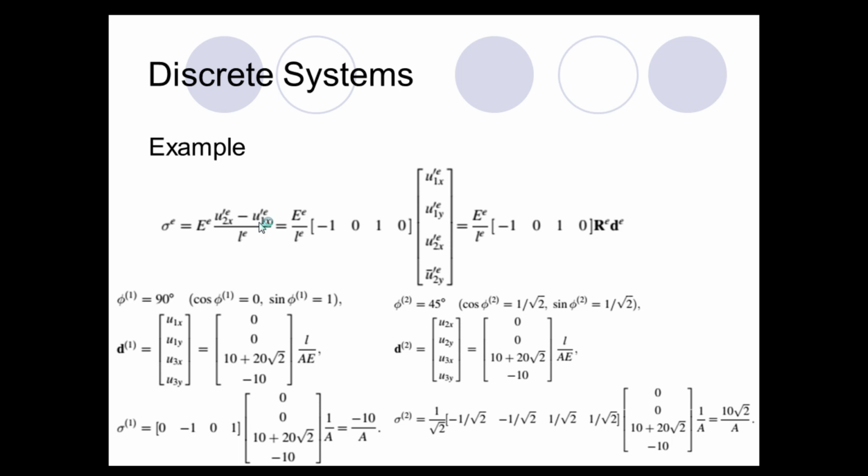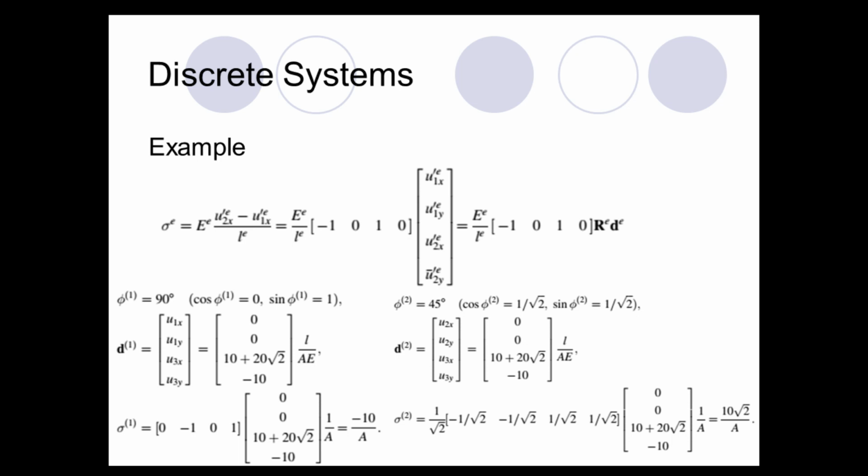In fact, for the two-dimensional case, we can write it like this. Young modulus divided by the length, times minus 1, 0, 1, 0. It is the same equation actually, but we use matrix-vector notation in order to do this operation.